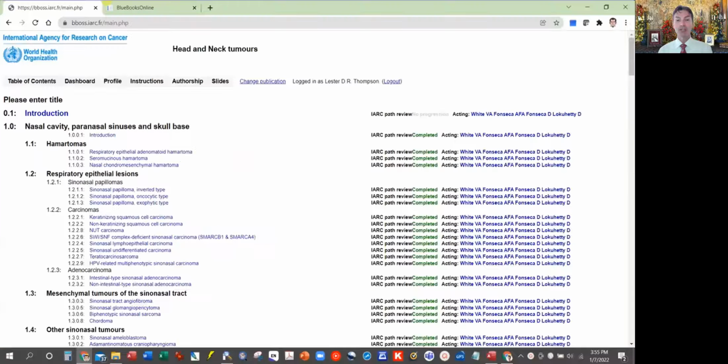So with that, I'd like to show a little bit about the making of the sausage, if you will. I hope that this link works because I'm going to try and drive their live site, and let's hope that it is going to work. So this is the head and neck tumors from the World Health Organization. As you can see, there are a variety of different volumes.